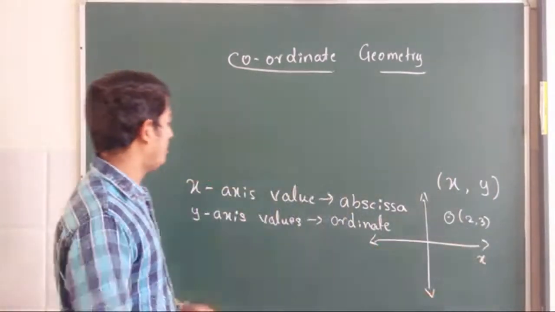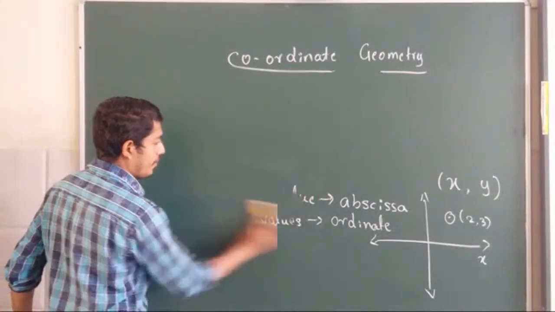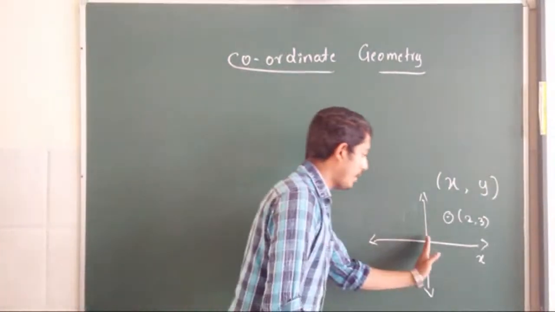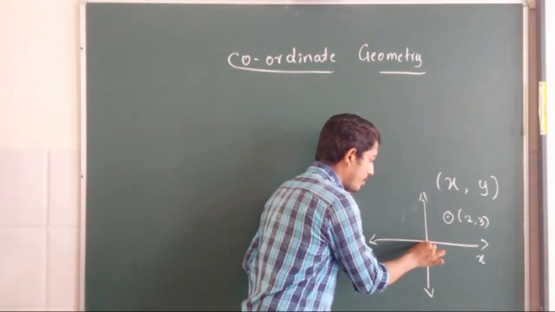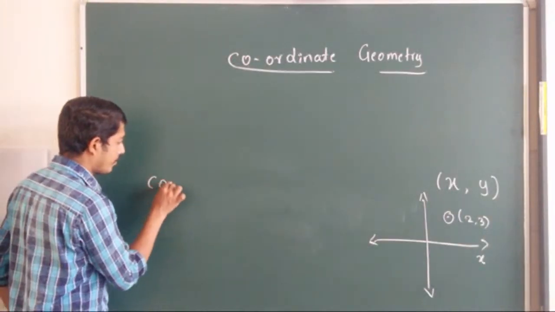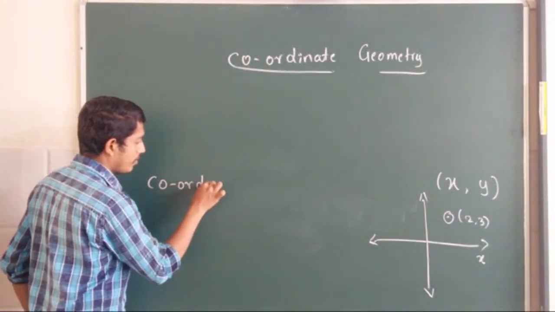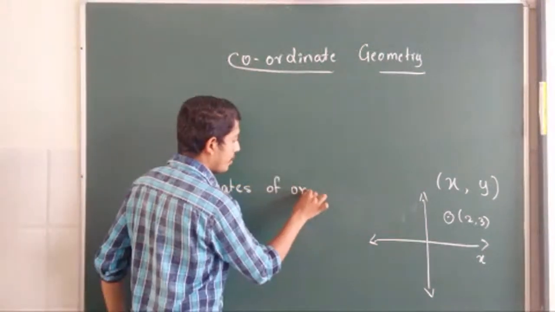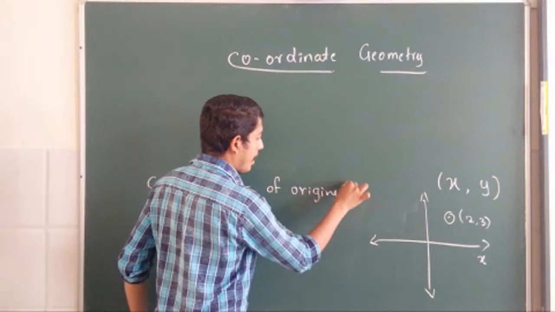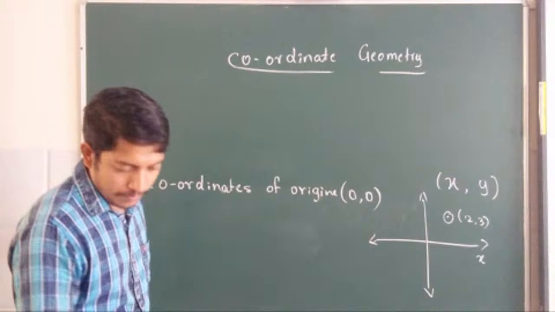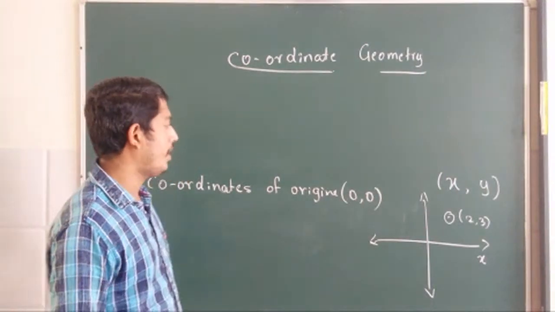Now, these two axes, x and y, meet at the origin. This is called the origin, and the coordinates of the origin are 0, 0.